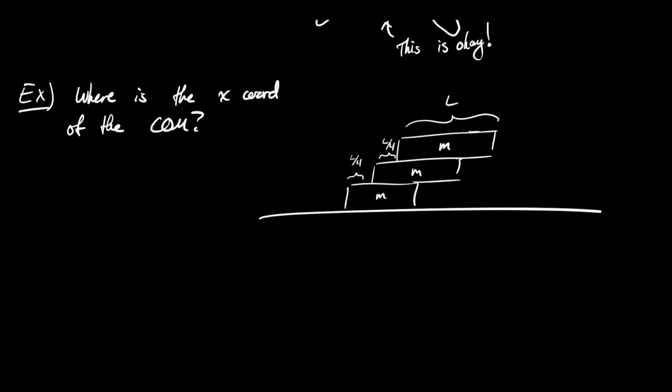Okay, so just like before, we're going to attack it by trying to do the mass of each brick times the x-coordinate of its little center of mass. Remember, these bricks are spread out, but we're allowed to pretend that they're all located as points at their centers.